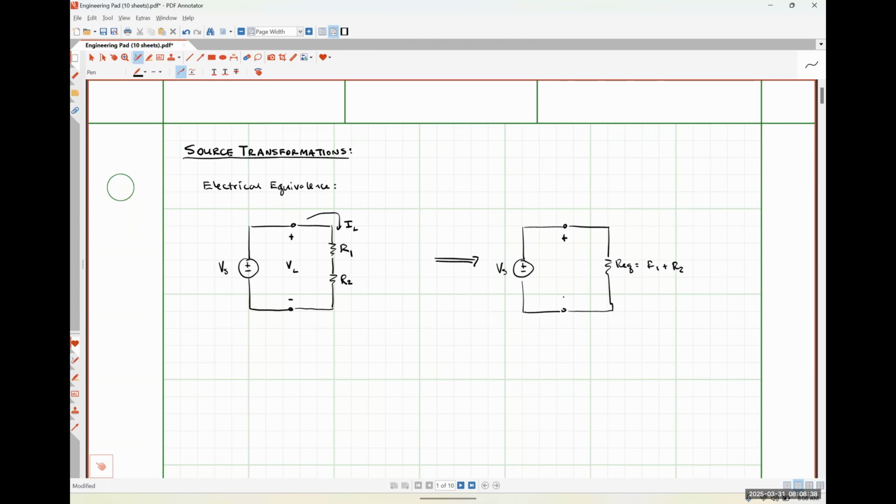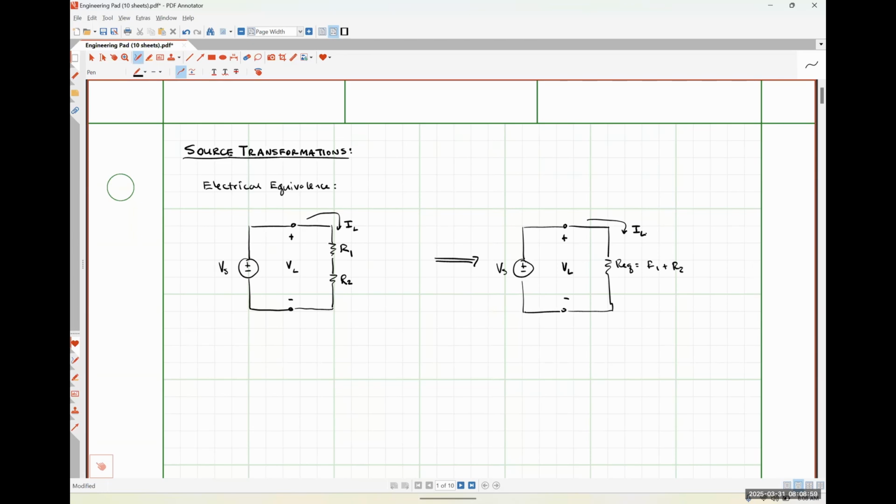The way we could verify the electrical equivalence of these two networks is to ensure that the same voltage drop appears across the terminals of the network, the same current flows into the terminals of the network, and therefore the same power would be absorbed by both of the networks.